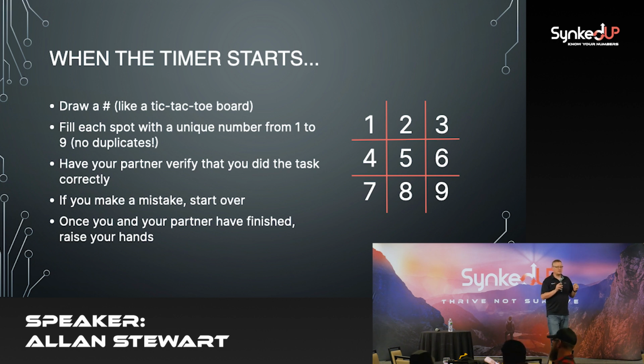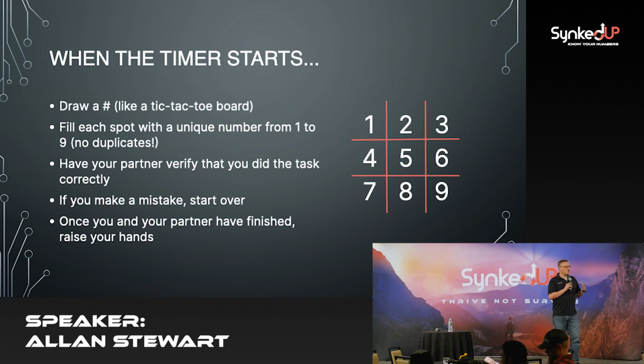I know some of you are going to put 1, 1, 2, 2, 3, 3. So no, don't do that. We want each space to have a unique number, right? So we can fit all the numbers 1 through 9. And then, if you do make a mistake, you're going to have to start over. So don't make your grids really huge and waste all that paper.